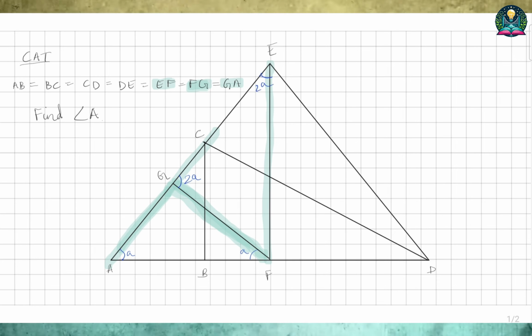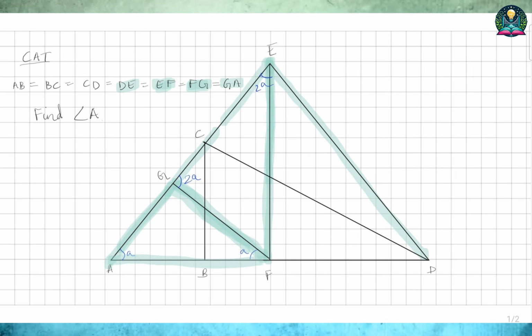Next we have DE is equal to EF. So let's mark that as well. So guys, what is angle EFD? Well, EFD is the exterior angle of triangle AEF. Here, look at this. Once I draw an outline, you see the picture, right? As always, exterior angle is the sum of remote interior angles.